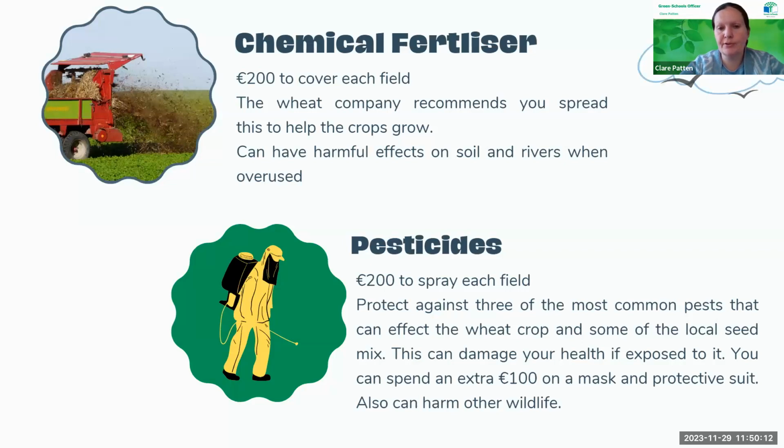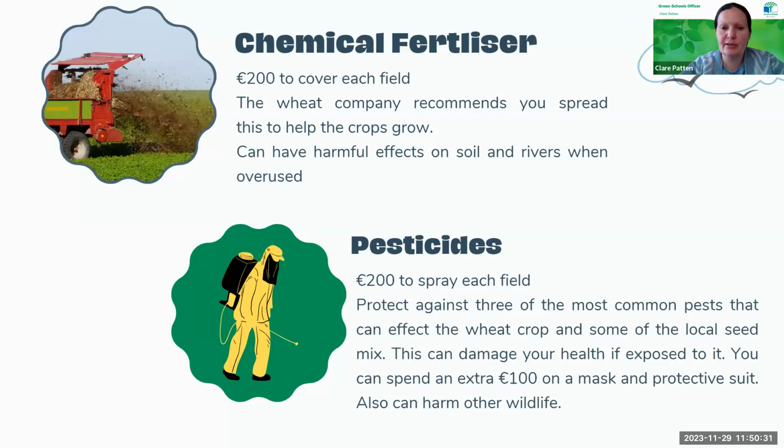And then your last choice is to spray pesticides. If you're worried about disease or pests, you can spray these. It costs €200 to spray each field. So again, you can't do both this and the fertilizer, only one of them.